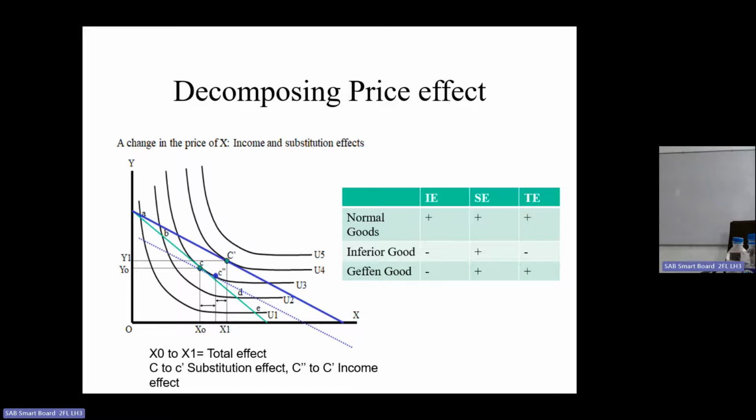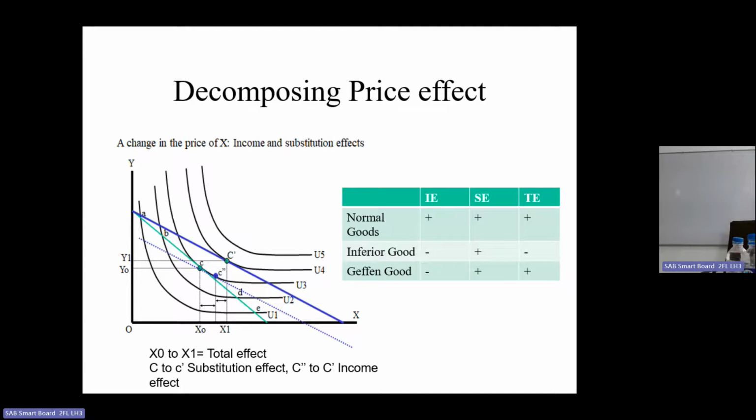Depending on the income, we will go for the appropriate combination. So there can be different budget lines also. Like we take a particular case, the point where this budget line and the indifference curve touch is the equilibrium point, as we discussed earlier.